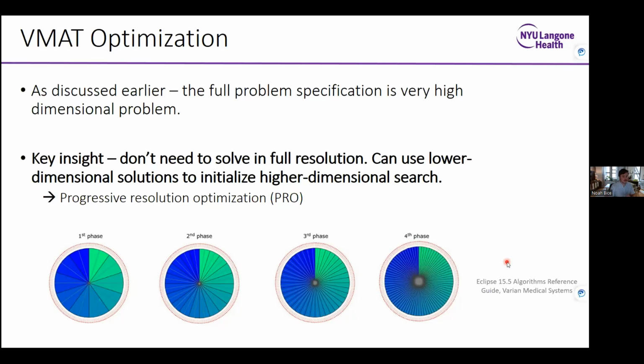The idea is that we start off not by searching through 180 control points and very fine MLC precision, but with a more manageable 15 control points, and progressively increase the resolution while using the old solution to initialize the higher dimensional search, if that makes sense.